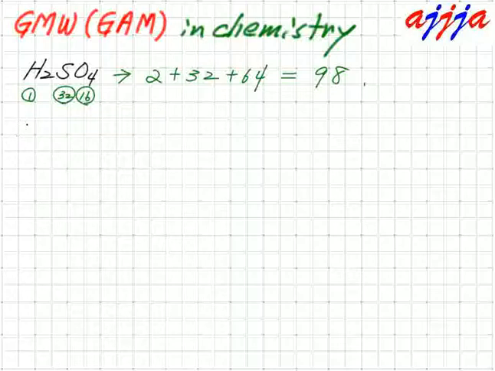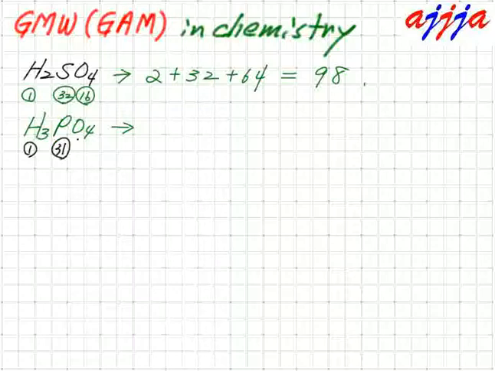Okay? So now, just like that, what about the gram molecular weight for H3PO4? How about that? Oh man. Hydrogen, that's 1. What about phosphorus? That's right, 31.